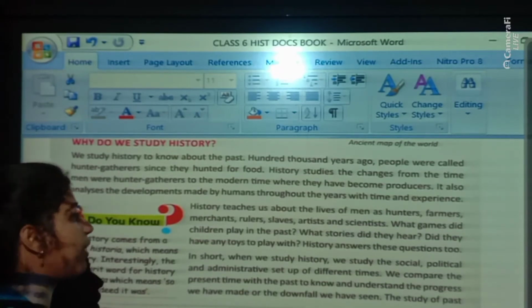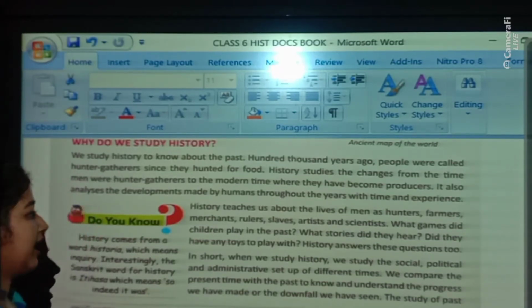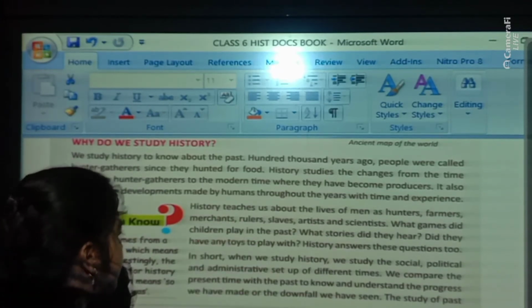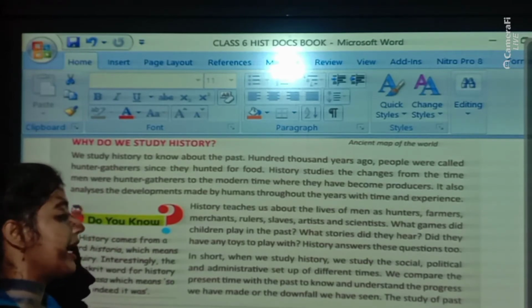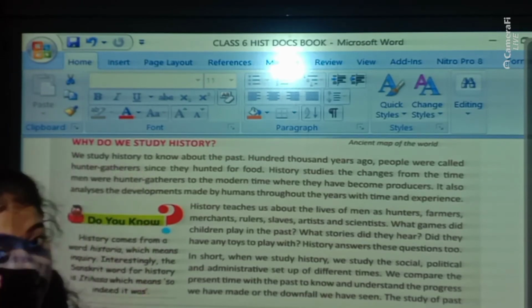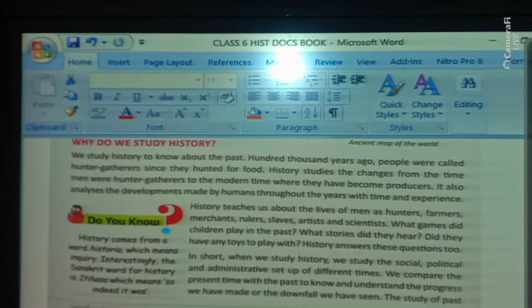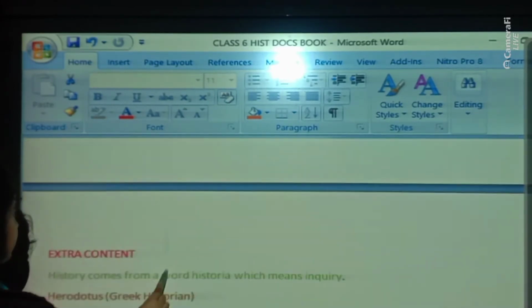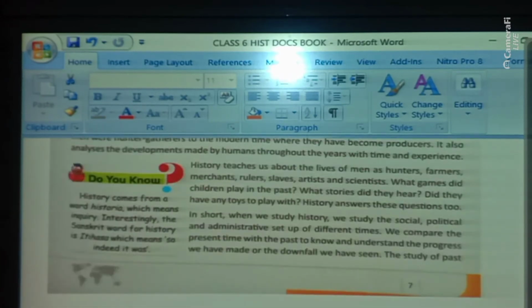History teaches us about the lives of man: hunters, farmers, merchants, rulers, slaves, artists, scientists, right? So in short, when we study history, we also study social, political and administrative setups through different times. We also compare present times with past times, and from the downfalls we have seen, we can correct our mistakes and progress in a better way.